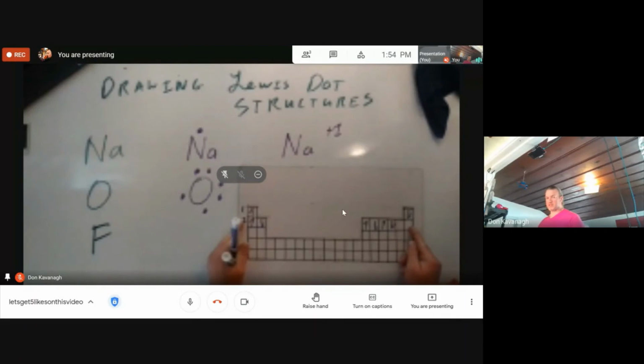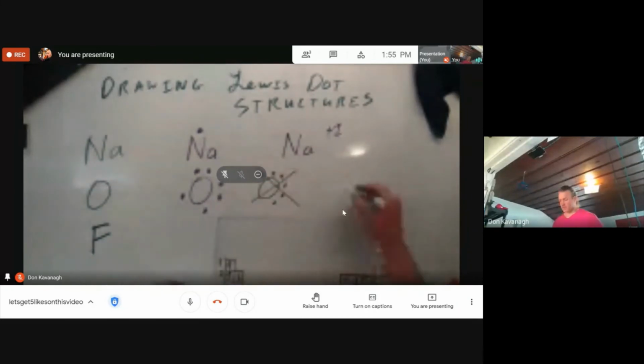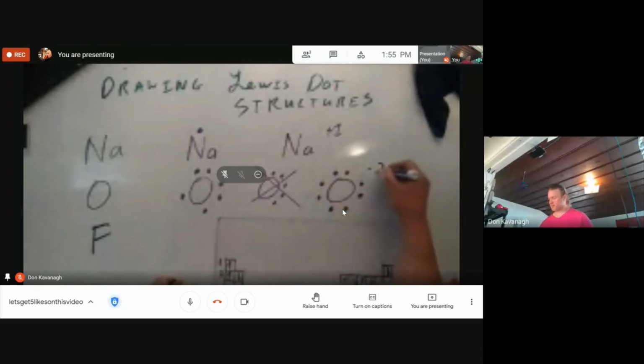It's more likely going to steal 2 electrons from somebody before it can give away its 6. So we're going to add those 2 electrons in there. 1, 2, 3, 4, 5, 6, 7, 8. We have 2 more electrons, so it's a -2 charge.